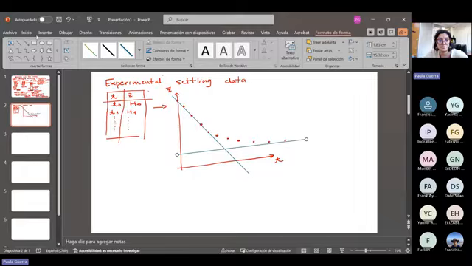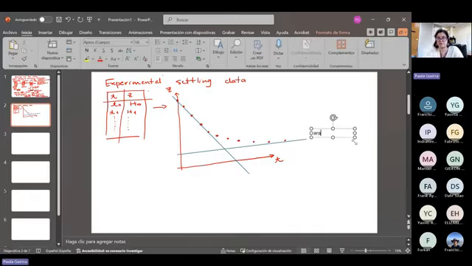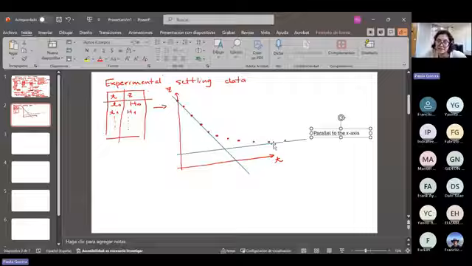It's parallel to this. I'm going to write something here: parallel to the x-axis. This is the line that indicates where you see that the height is no longer diminishing.